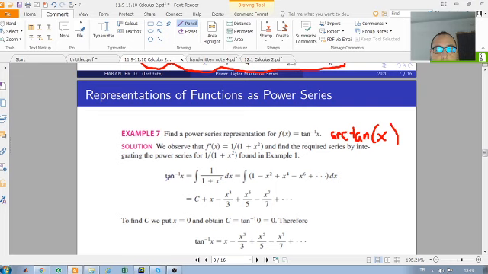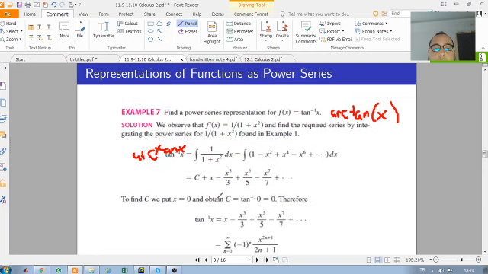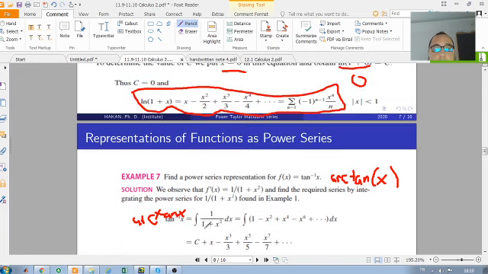So as you can see, this is equal to arctangent x, and we have a power series representation for 1 over 1 plus x squared.